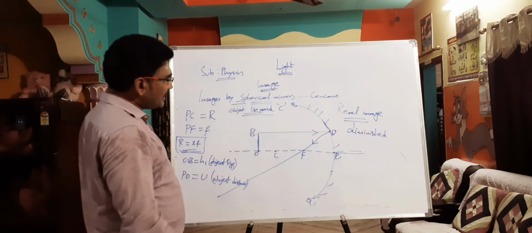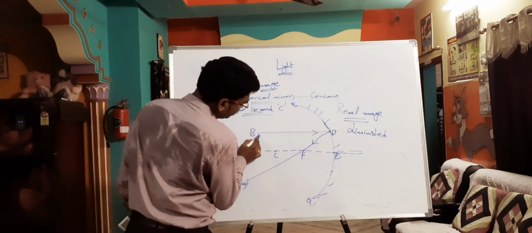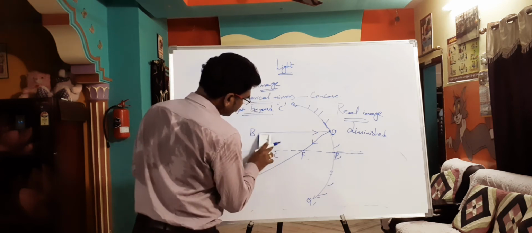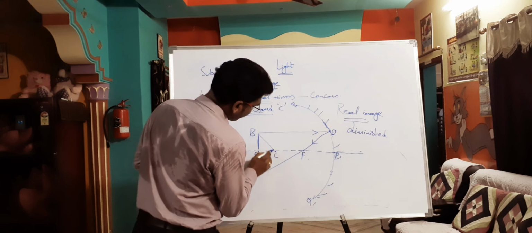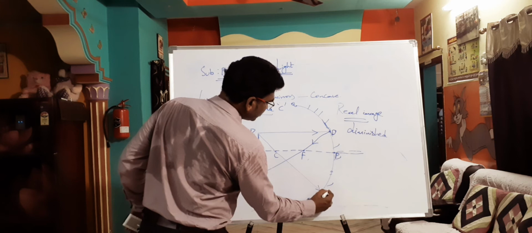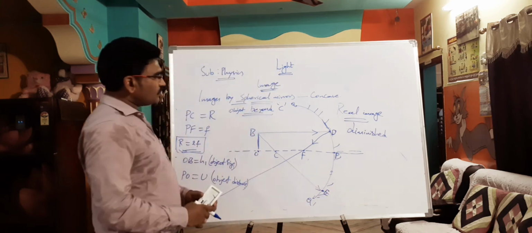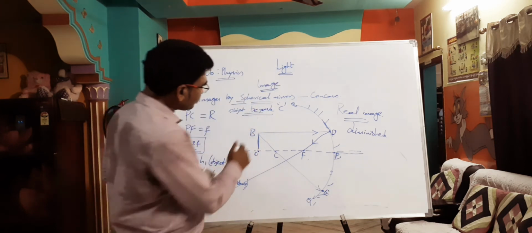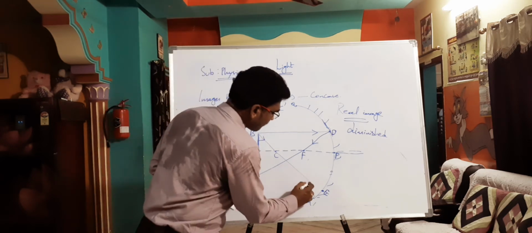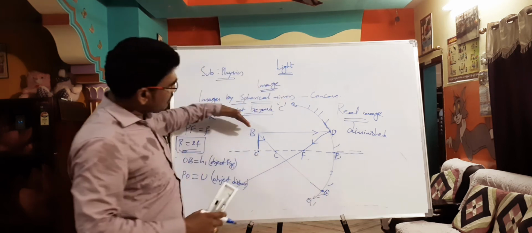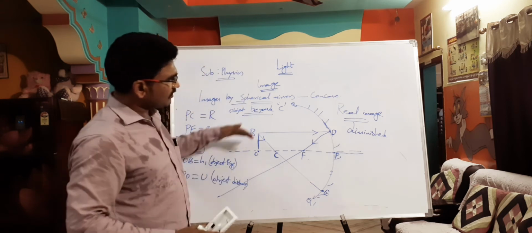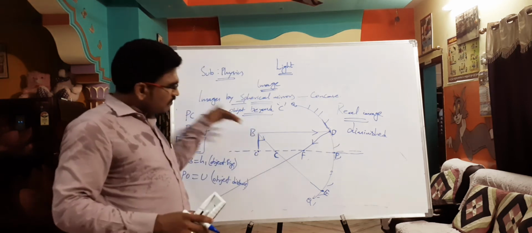Another ray I have taken, this is E. Now you see here one incident ray is passing through the center of curvature.